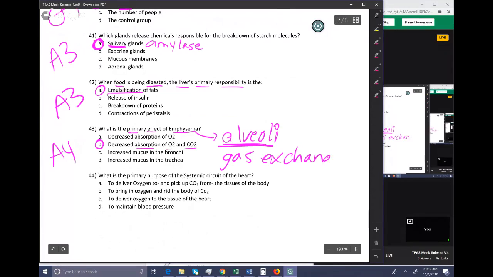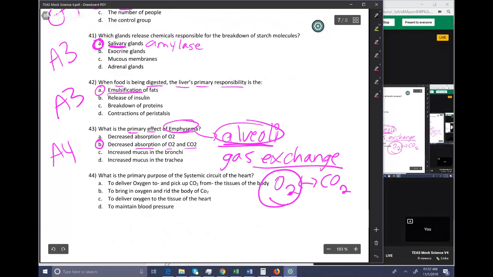The reason they call it gas exchange is O2 swaps spots with CO2 and we make an even exchange, an O2 for a CO2. So if emphysema is affecting the alveoli, that is not just going to affect oxygen, although it's tempting to think of oxygen because we always talk about oxygen. Our body does not see getting oxygen in as being any more important than getting CO2 out.